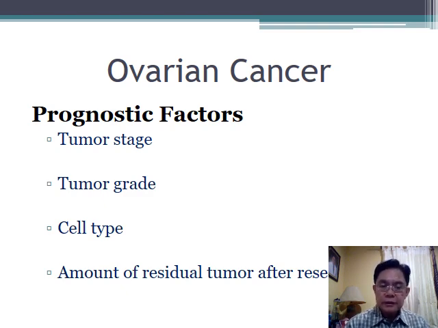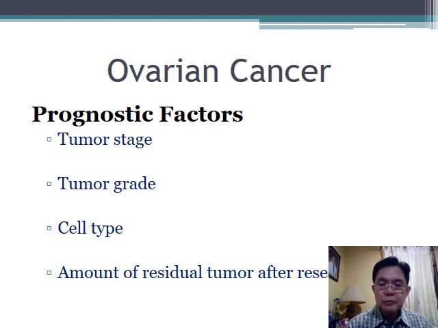Poorly differentiated tumors have a poor prognosis. Well-differentiated tumors have a better prognosis. Cell type. There are histologic types of ovarian cancer associated with poor prognosis. Among epithelial ovarian cancers, clear cell and papillary serous have a poor prognosis, whereas well-differentiated mucinous tumors, early stage disease, have a good prognosis.